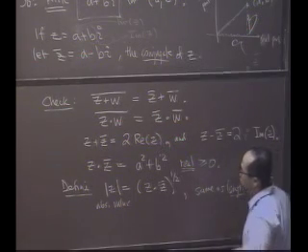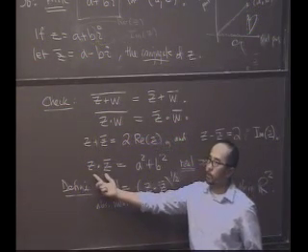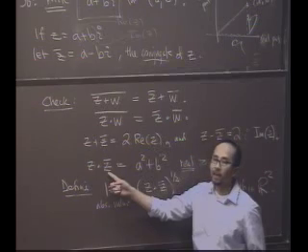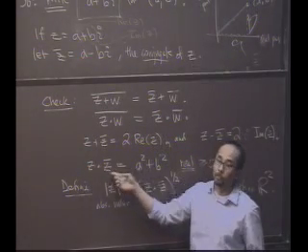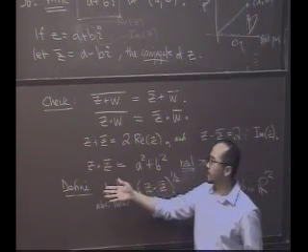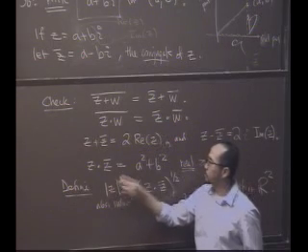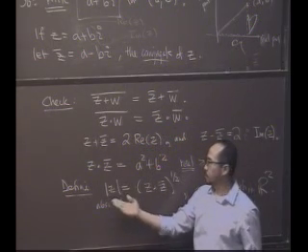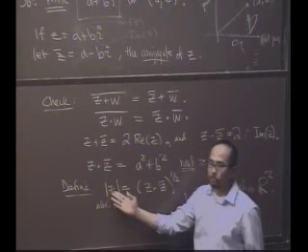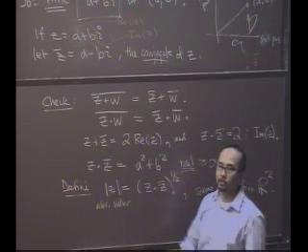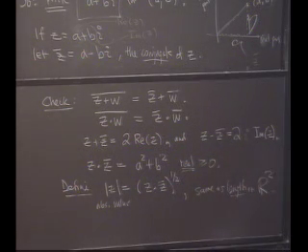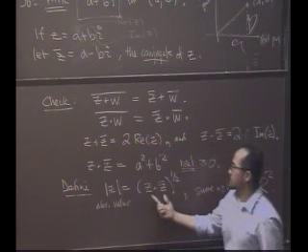And what you see is I can find the length squared just by multiplying z times z conjugate. In physics, this property is used a lot. If you want to find the magnitude, the amplitude of some complex waveform, you can multiply something by its conjugate.